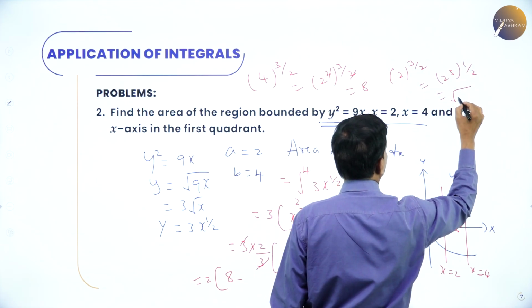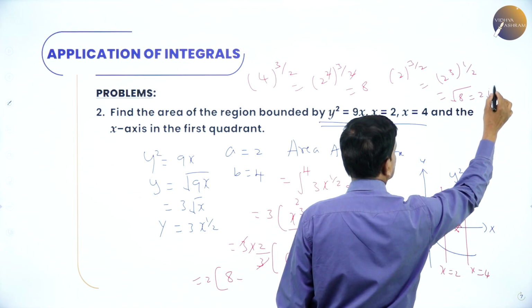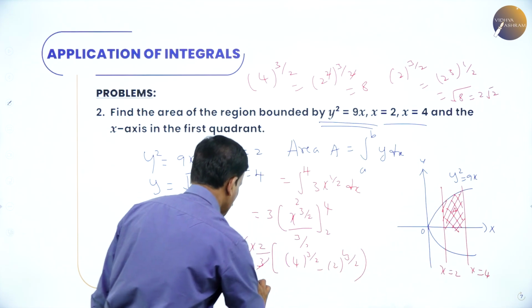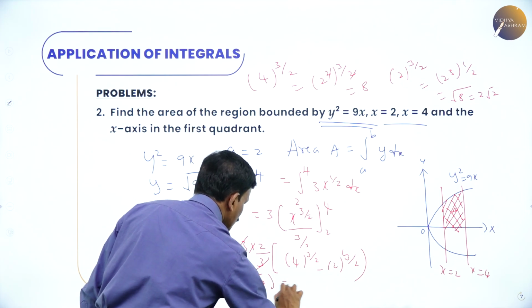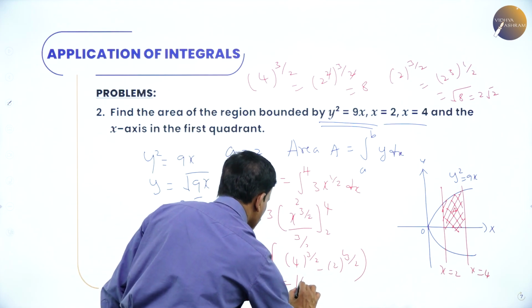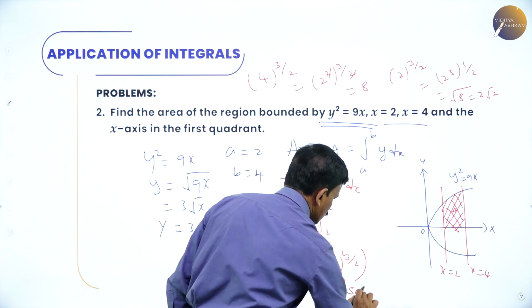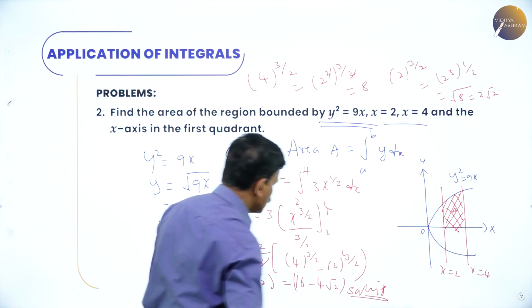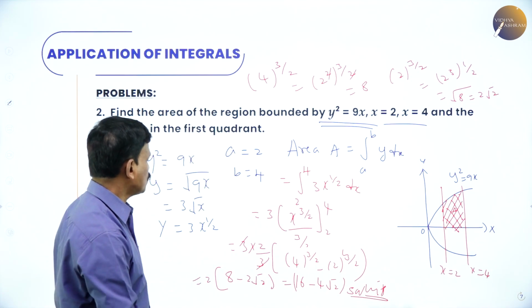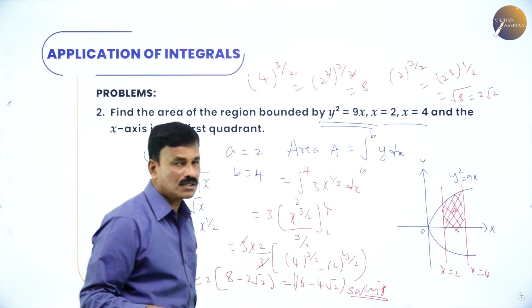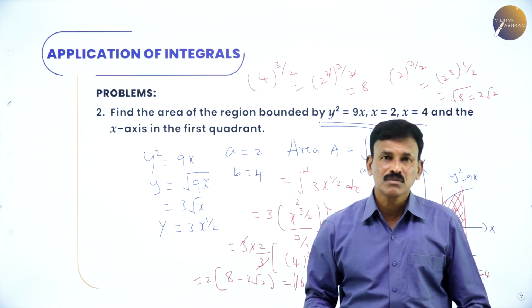That is square root of 8. Square root of 8 is nothing but 2 root 2. So minus 2 root 2. So what is this equal to? 8 2s are 16 minus 4 root 2 square units. That's it. So the required answer is 16 minus 4 root 2 square units. Very simple problem for 3 marks, right?